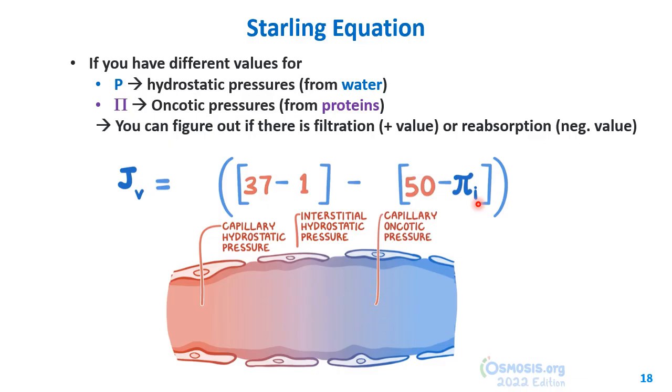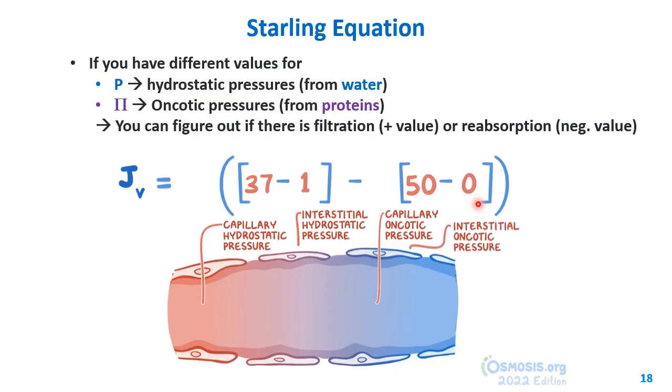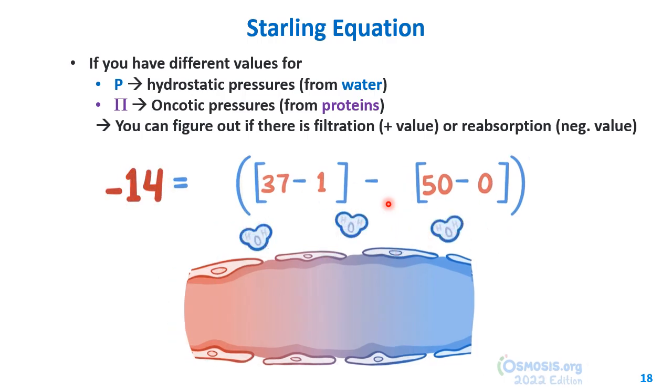That means you have a lot of solutes in the blood, a big pool for the water. And you're going to have your interstitial oncotic pressure that is nearly 0. Can you solve that equation? If you have trouble solving this equation, talk to me. I mean, honestly. So you come up with a number that is negative 14.